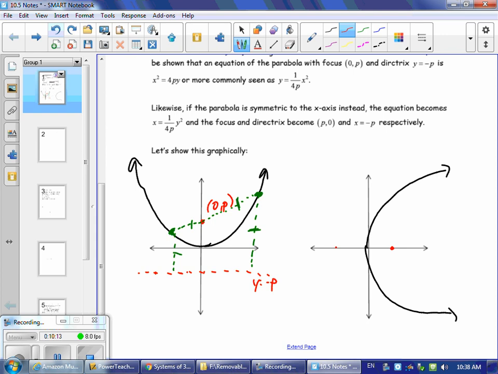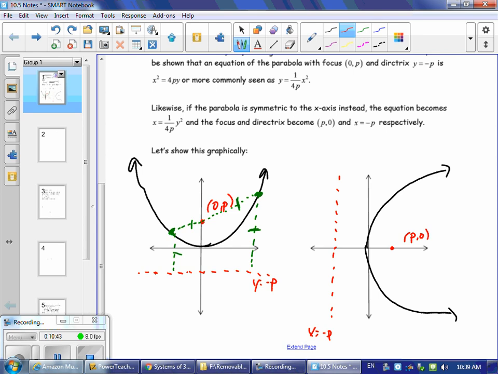The directrix then would be about right here. X equals negative p. Man. There, it's better. And this would be our point (p, 0). And that would be our focus.